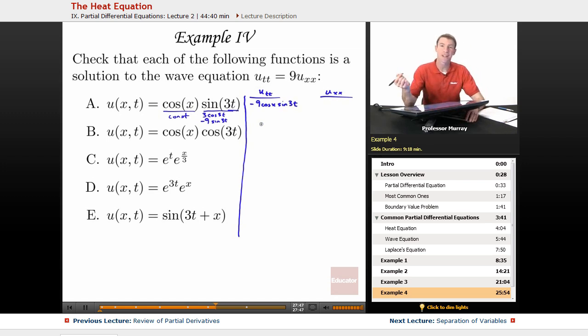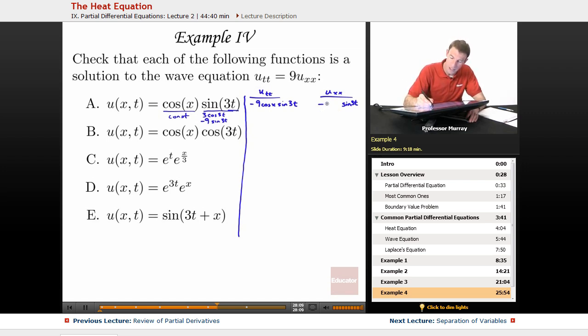Now, u_xx works just the other way around. Now we think of sine of 3t as a constant, so sine of 3t is just going to come down, but cosine x, we need to take the second derivative of that. The first derivative of cosine x is negative sine x. The second derivative of cosine x is negative cosine x.